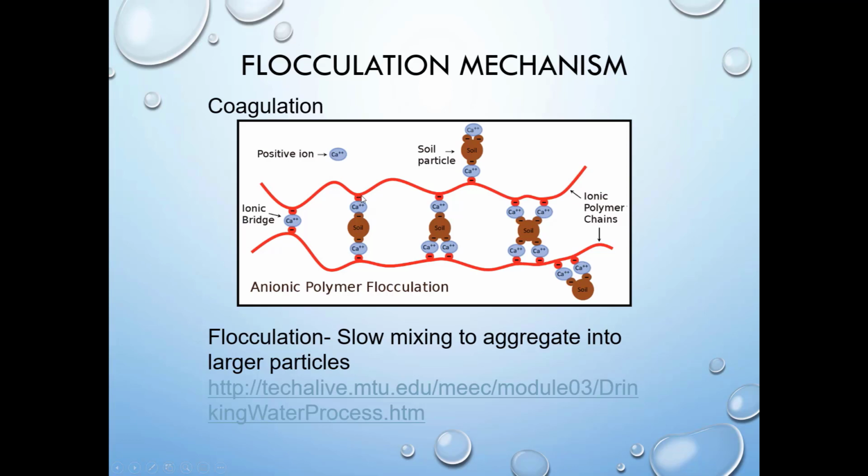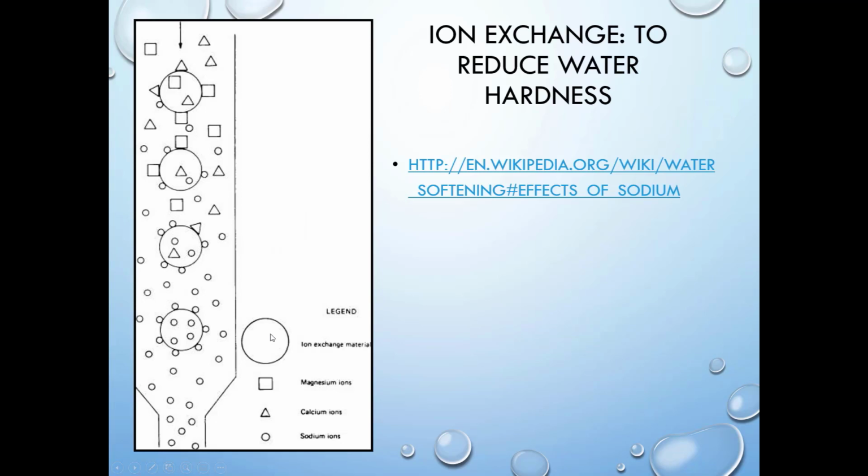So on this bead, imagine that there are little negative charges all over. Those little negative charges would be attracted to anything that is positively charged, such as sodium ions. Right, sodium has a positive charge.